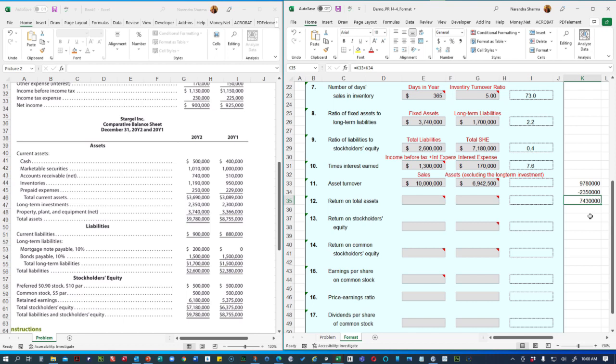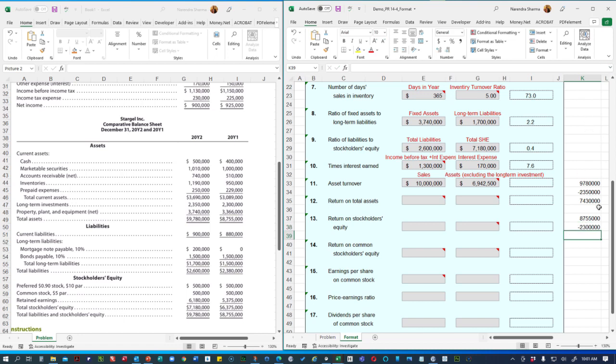7,430,000 for year 2. For year 1, I can do the same thing. That is going to be 8,755,000 and then of course minus 2,300,000.